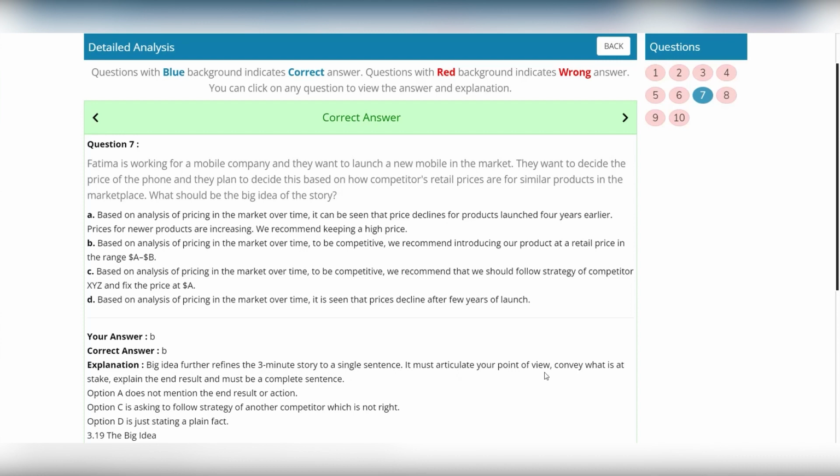It must articulate your point of view, convey what is at stake, explain the end result, and must be a complete sentence, right? So option A here just recommends keeping a high price. It does not mention the end result or action. Option C here is asking us to follow the strategy of a competitor and keep the price fixed, right, which is not right. And option D is just stating a plain fact. Hence, option B is the correct answer here.